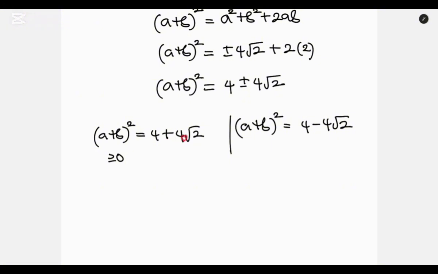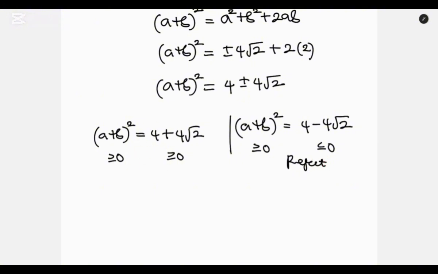Then 4 plus 4 root 2 is positive. Now, what we have here, we know that this is always positive. But now look at what we have here. What we have here is negative. So we can't have the left-hand side to be positive and the right-hand side to be negative. So we're going to be rejecting this case, and we work with just this.